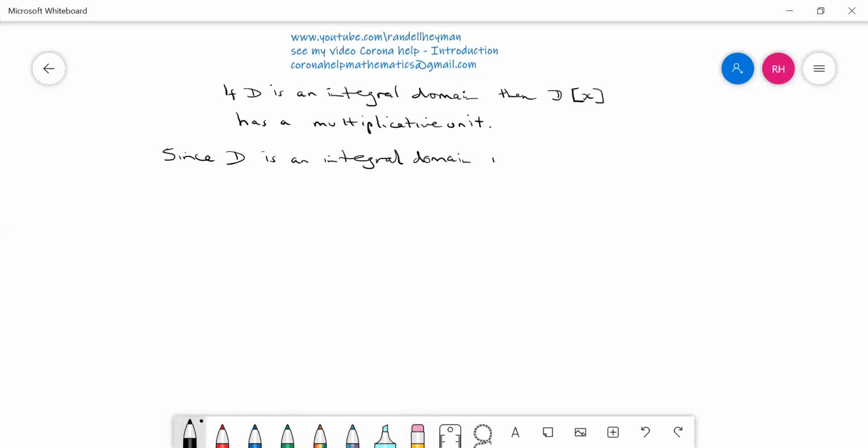It has a multiplicative unit. So let's call it 1.